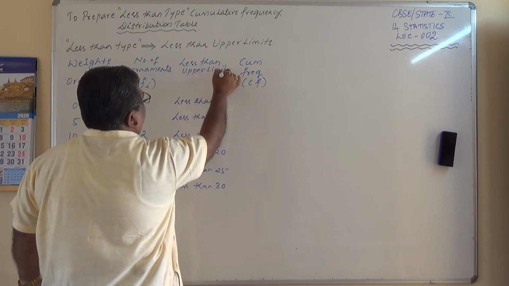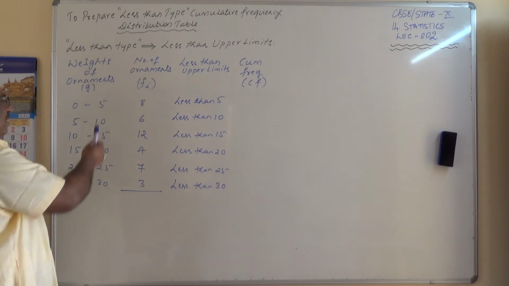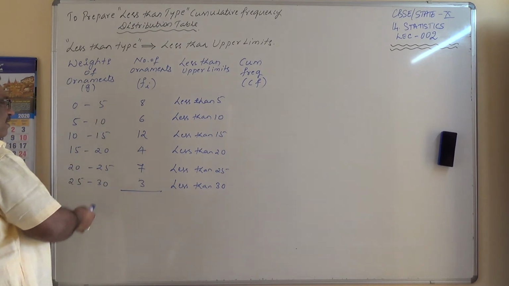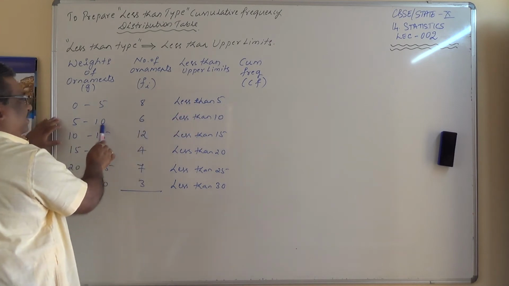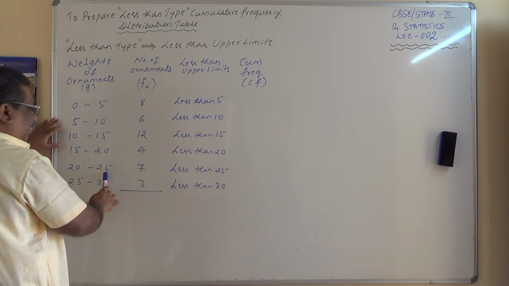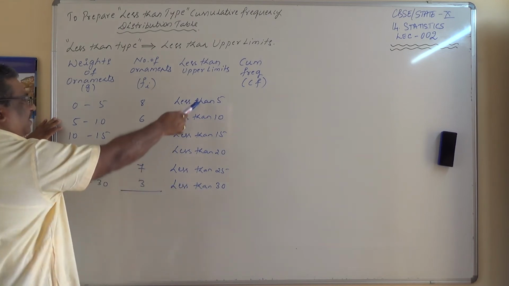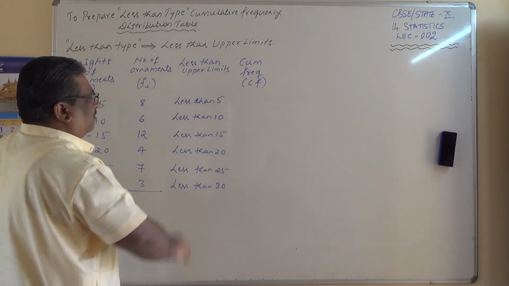Okay. What are the upper limits of these class intervals? 5, 10, 15, 20, 25, 30. So less than 5, this one. This is less than 10, less than 15, less than 20, less than 25, less than 30. So less than upper limits have been created as one particular column.